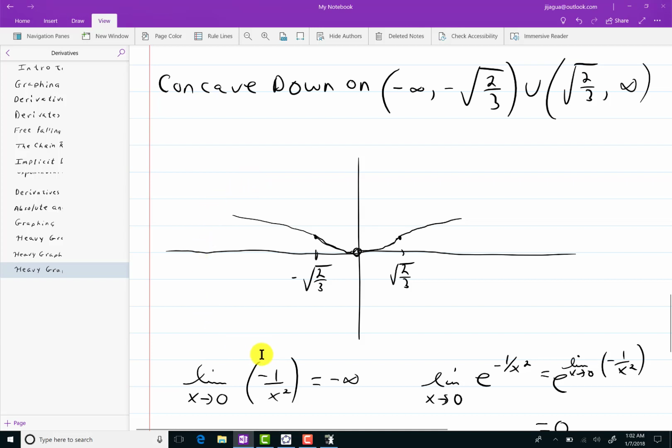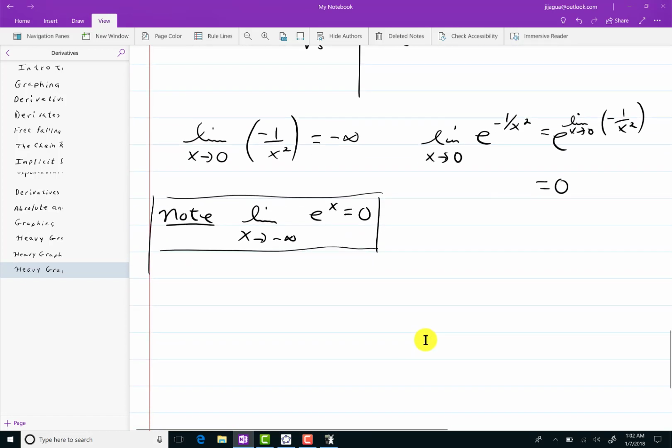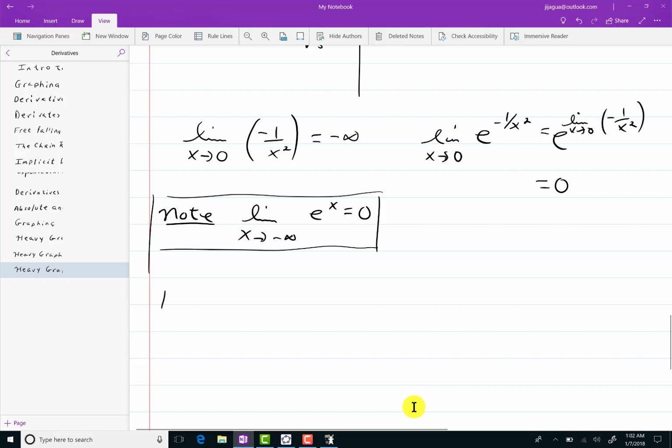it is e to a negative number, so I should check for horizontal asymptotes. H.A. That's when we do the limit as x goes to infinity, e to the negative 1 over x squared. And because of the continuity of the e to the x function, I'm going to get e to the limit as x goes to infinity, negative 1 over x squared.